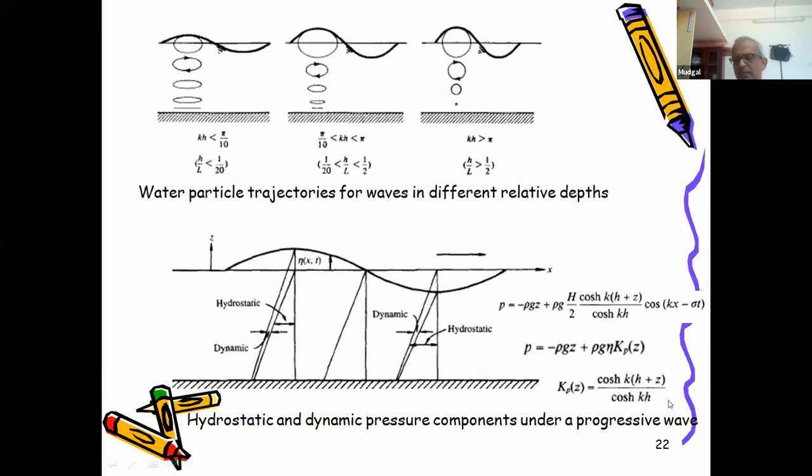You could use transducers which can measure the pressure, so you can put them onto the bed, and with that you would also be able to get information regarding the waves. So this is the pressure response factor Kpz. Of course, this also would be there in your wave table.